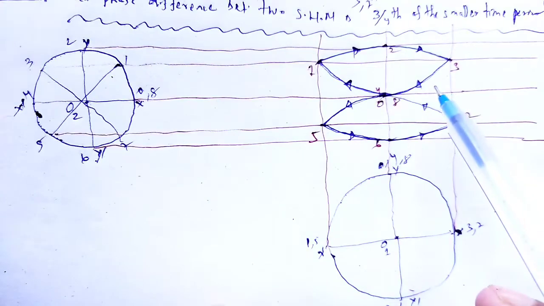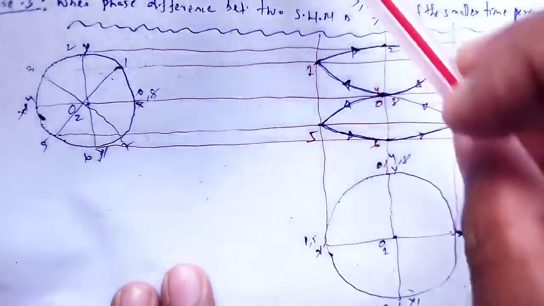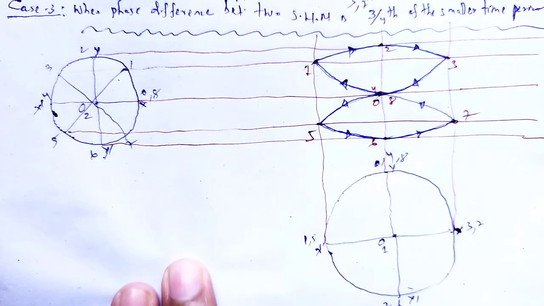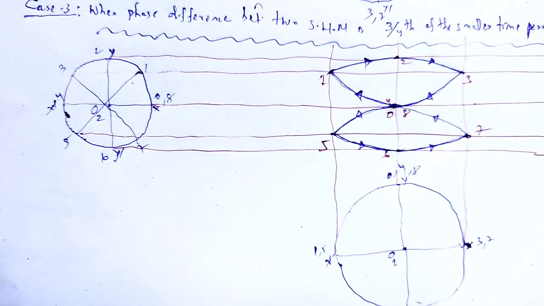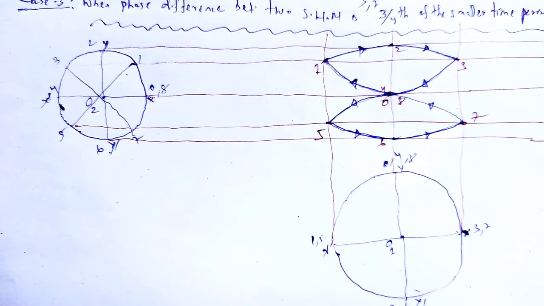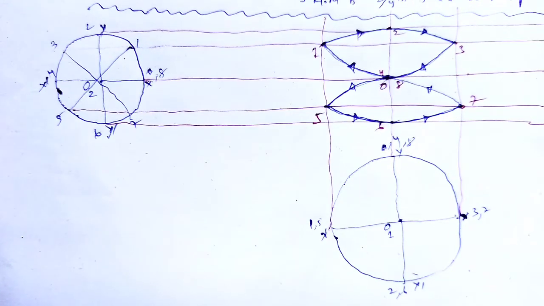That is the Lissajous figure, as that figure was also derived in the analytical method for the 1:2 frequency.